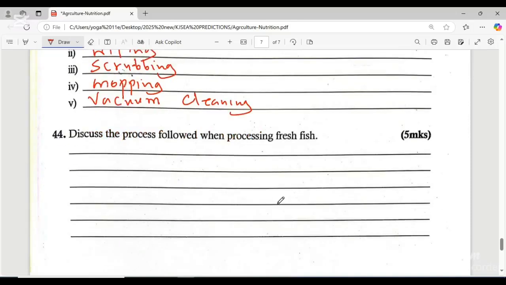Discuss the process followed when processing fresh fish.